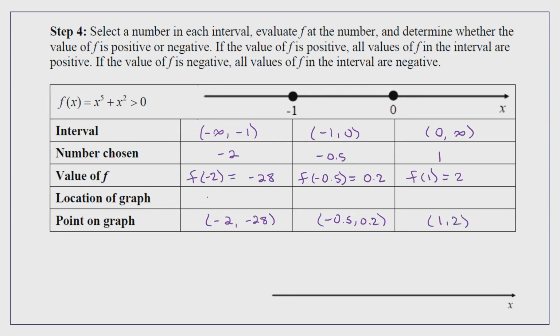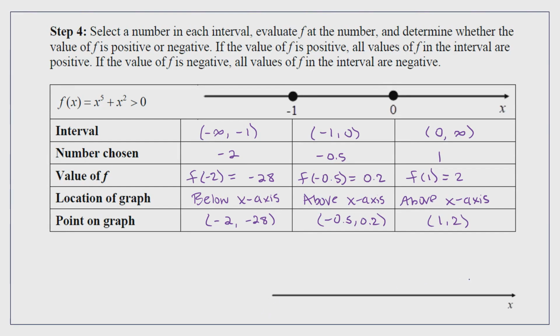Our first point, the y is negative, so this will be below the x-axis. And our last two have positive y values, so both of them will be above the x-axis.